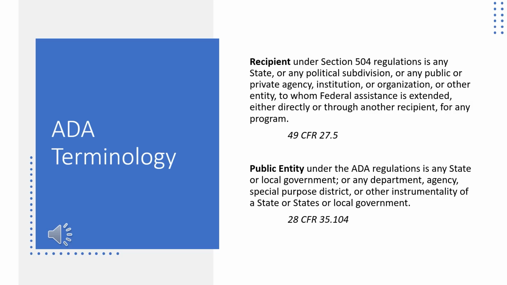A public entity, on the other hand, under the ADA regulations, is any state or local government or any department, agency, special purpose district, or other instrumentality of a state or states or local government.